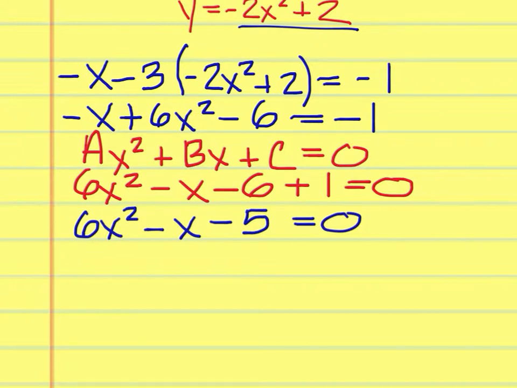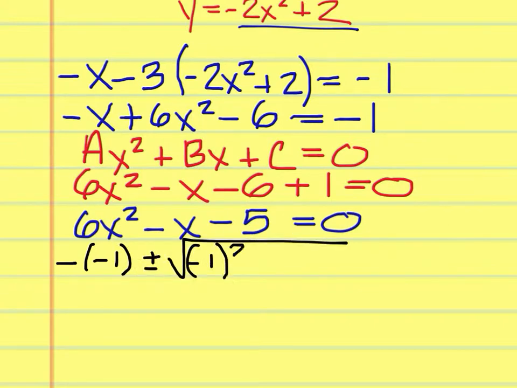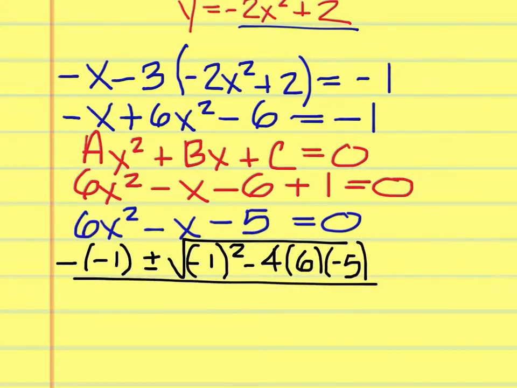Though the one thing you can always count on is the quadratic formula. So I'll do -1 plus or minus the square root of -1 squared minus 4 times 6 times -5. And on the bottom we will have 2 times 6.